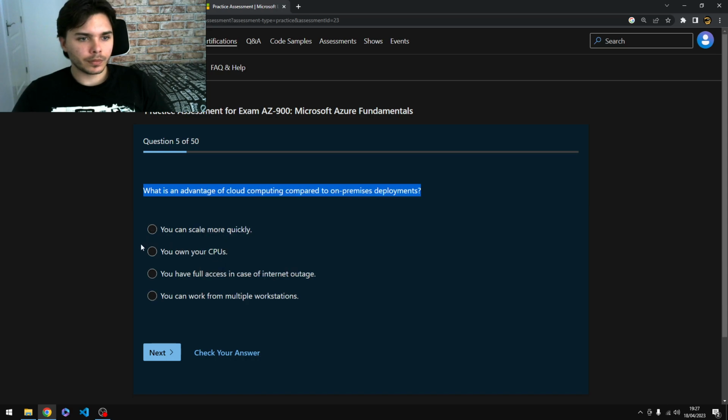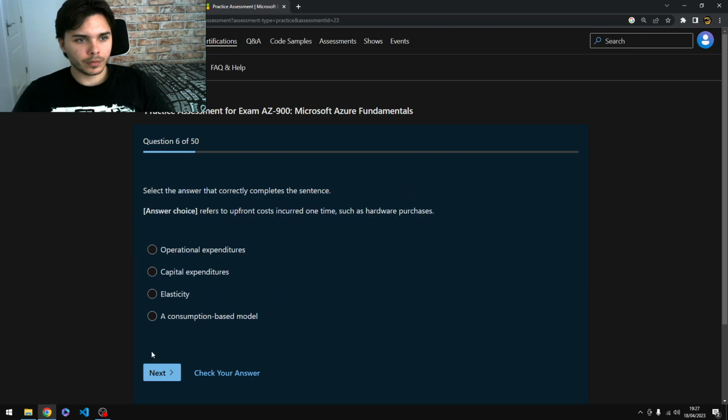What is an advantage of cloud computing compared to on-premises deployments? Answer choice refers to upfront costs incurred one time, such as hardware purchases.